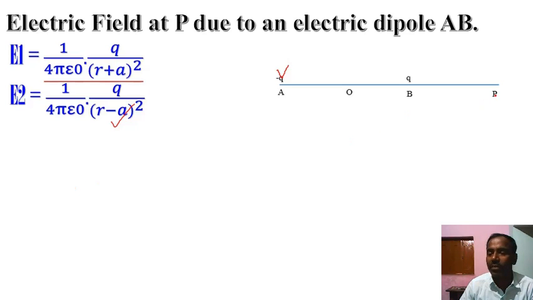The electric field at P due to minus Q charge will be in this direction, and the electric field at P due to plus Q charge will be in this direction. So the angle between them will be 180 degree.